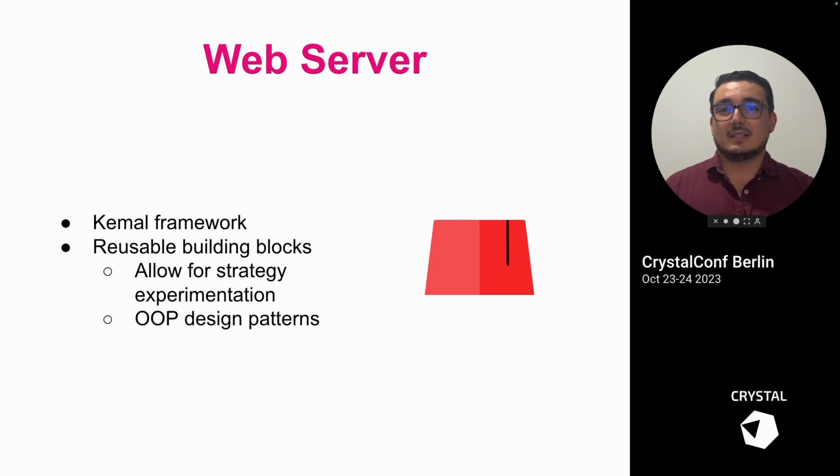Being inspired by Sinatra, I found it pretty easy to pick up, and the nitty-gritty or the more nuanced details of this implementation were going to live elsewhere, not that much in the Battlesnake API implementation. That is pretty simple. My main objective was to end up with reusable building blocks using object-oriented programming design patterns.